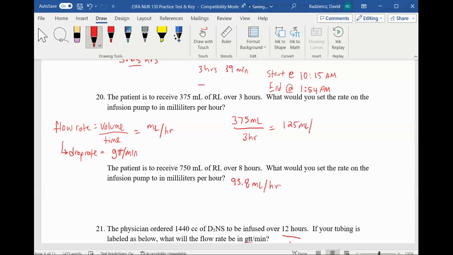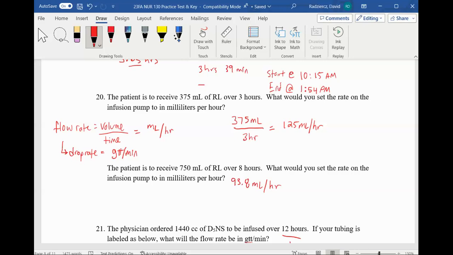So your final answer is just 125 milliliters per hour. There's no multiplication. Technically there's division, but you don't need to worry about calculating milligrams per milliliter or figuring out how much to order. This is just what you're programming into the infusion pump.